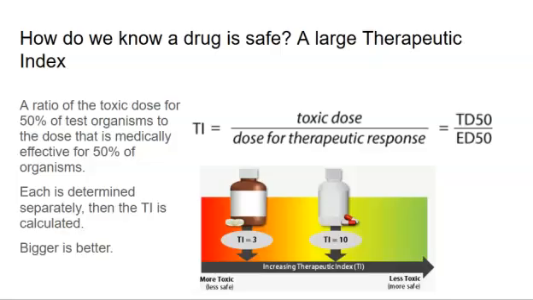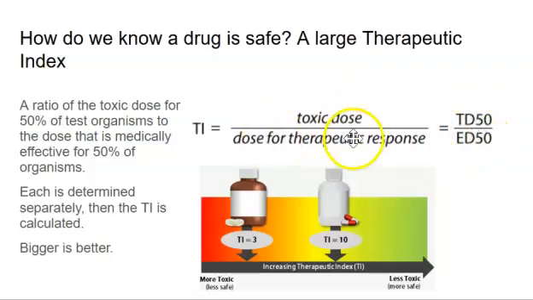So the therapeutic index, or TI, is a ratio of the toxic dose, usually for 50% of the test organisms, divided by the dose that is medically effective. So it's your TD50 divided by your ED50. And usually this is done at the 50% response rate.